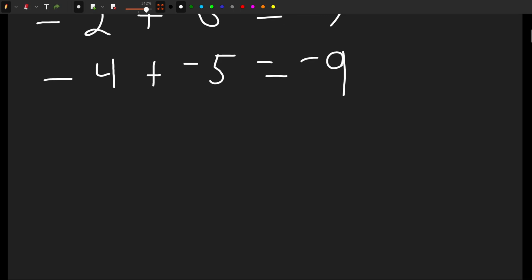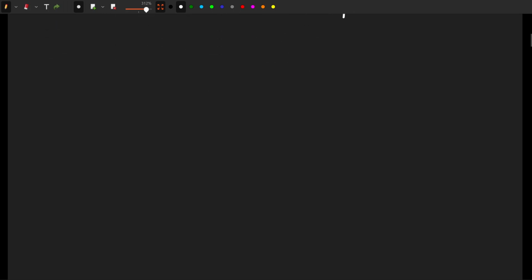The challenge when it comes to adding integers is when they're of different signs. So for example, if I have the numbers 4 and -2 and I'm trying to add them, so 4 plus -2, what we have to do first is draw a number line.